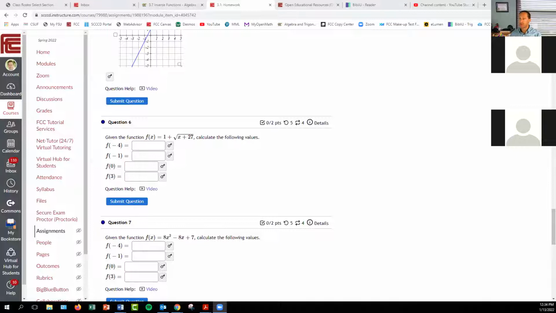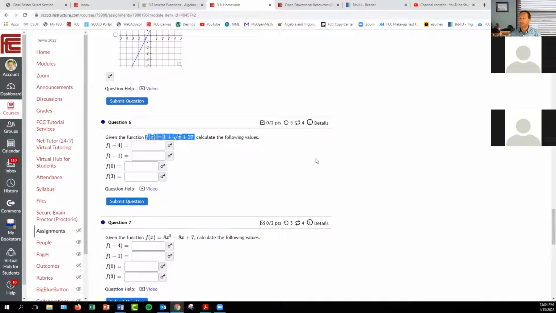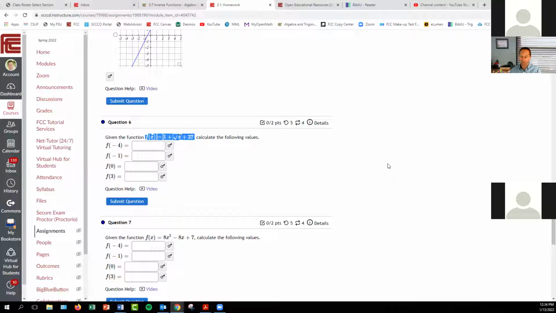Go ahead and share my screen so you can see it. I have mine to where I can see all of them. Yours is usually just one at a time, I believe, but yours may also look a little bit different. Again, the numbers will be changed around, but the concept should be the same.